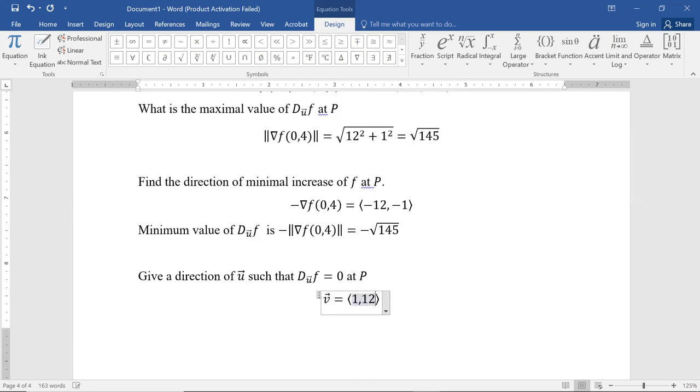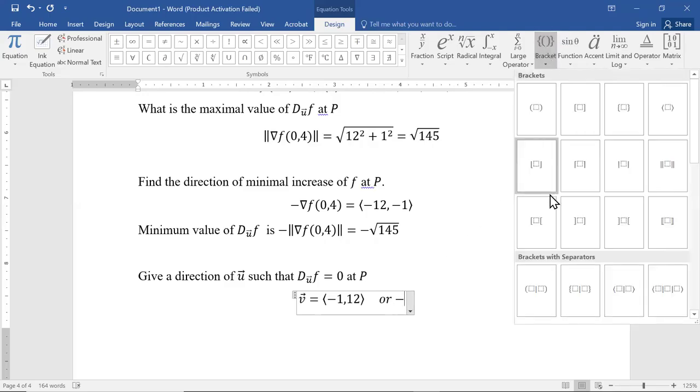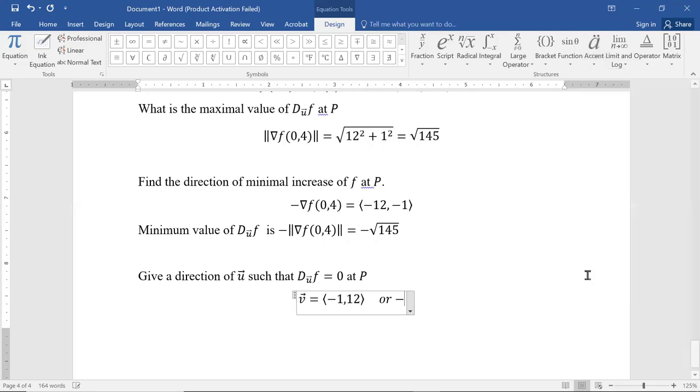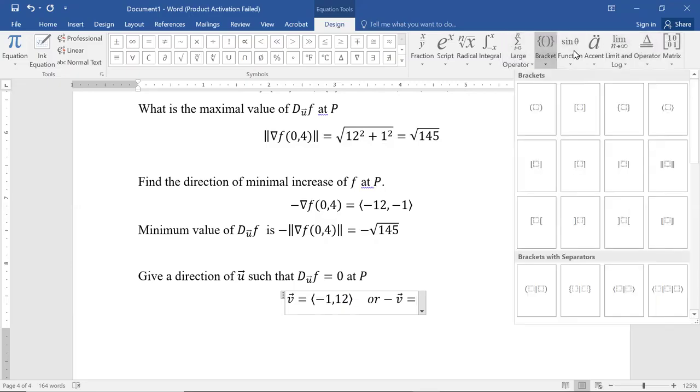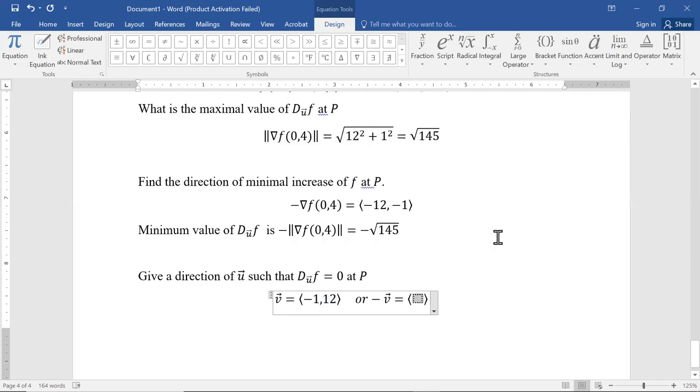So we switch the x and the y components, the first and second components, and then negate one of them. Or I guess I could have taken the negative of that same vector. Again, switch the x and y components, and then now we're negating the other one. So there you go.